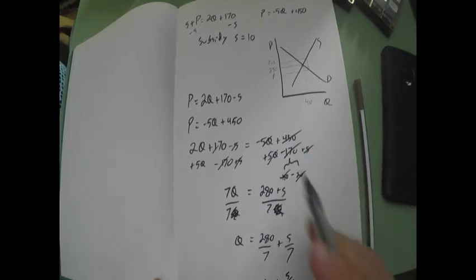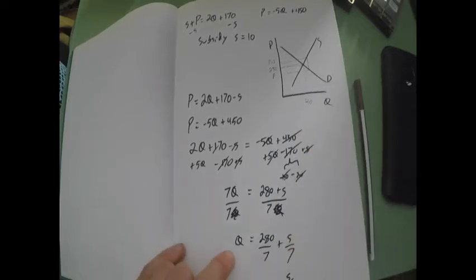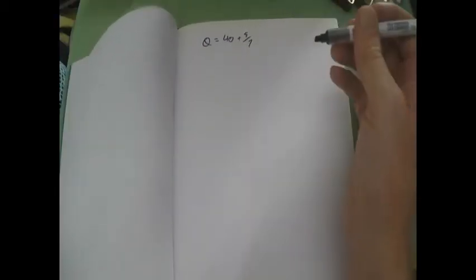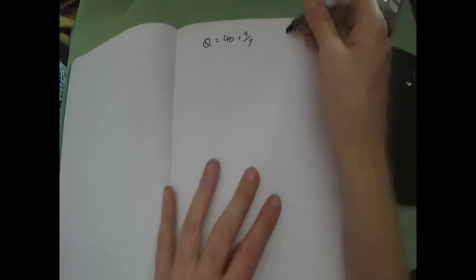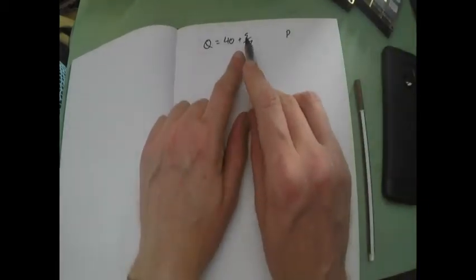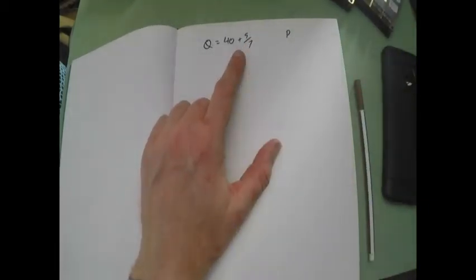Let's go ahead and plug this into one of, well, let's see, we should plug it into our demand curve. So we've got Q equals 40 plus S over 7. And it's worth noticing that with a subsidy, we expect to buy more.